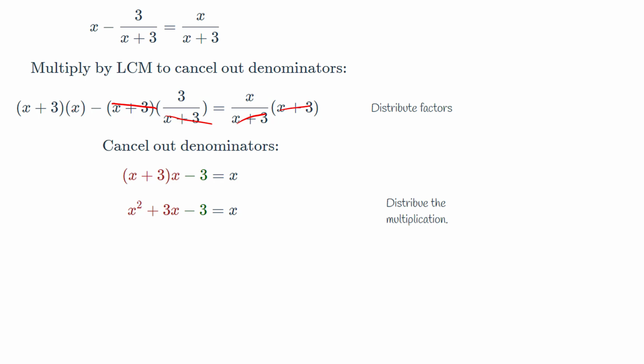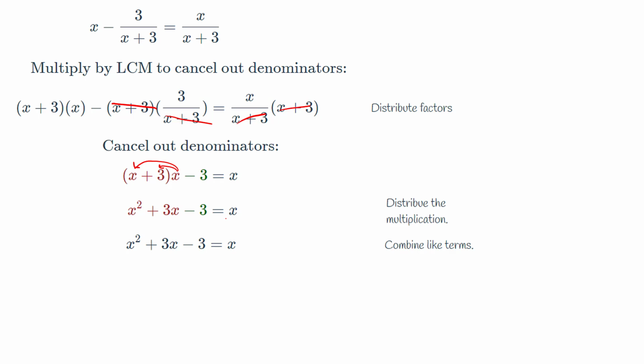Now let's go ahead and distribute. x times x gives us x squared, and then x times 3 gives us 3x, minus 3, and that equals x. So now let's combine like terms.